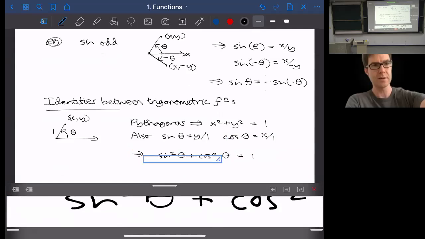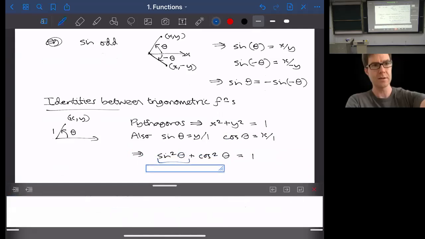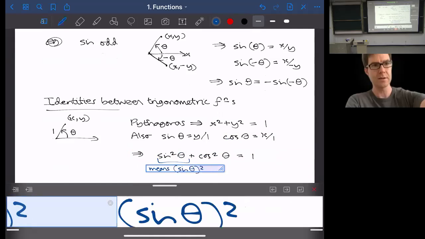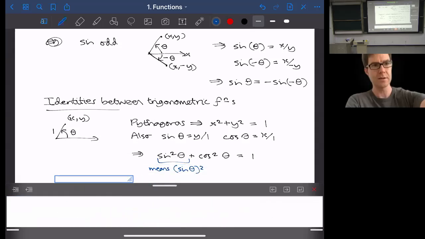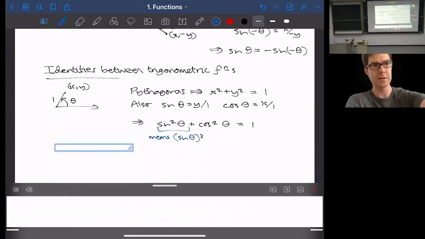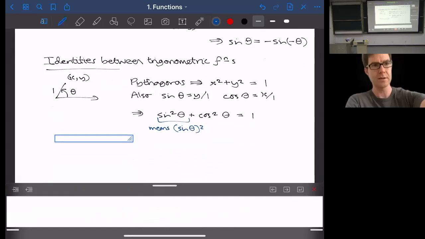Okay, so meaning here is sine theta squared. So if I know the value of sine, I can use this to calculate cos by solving the equation.